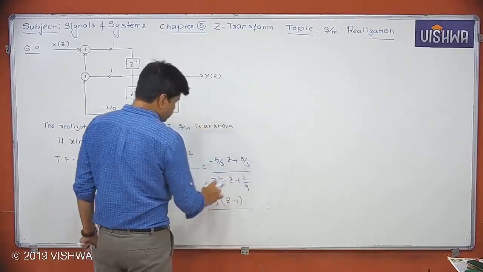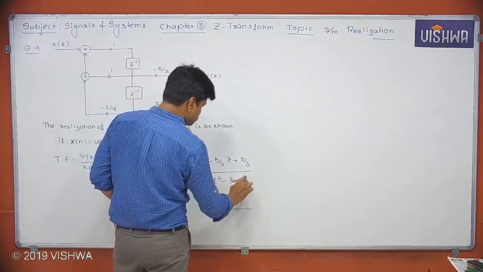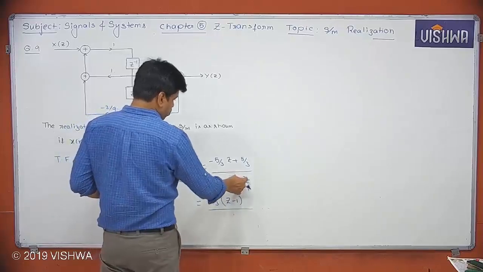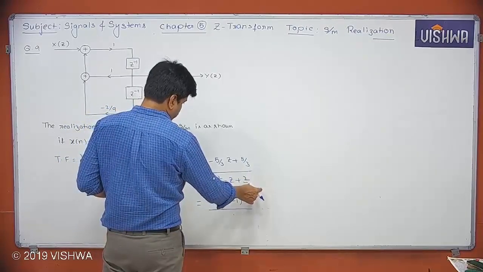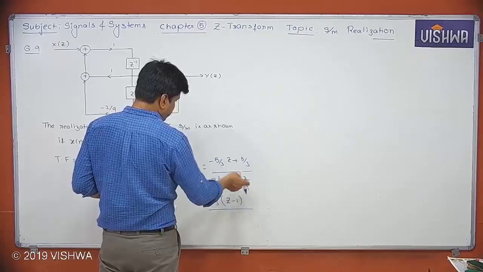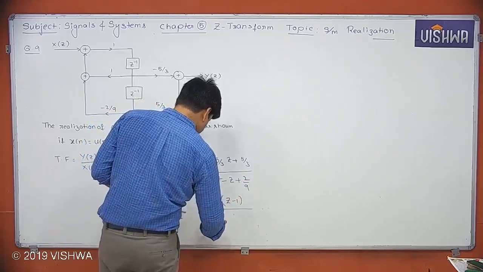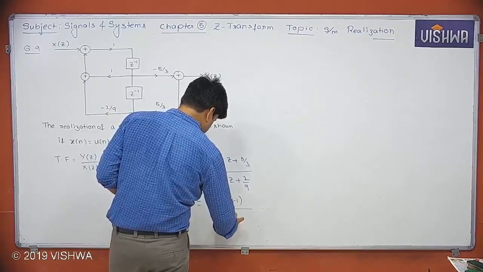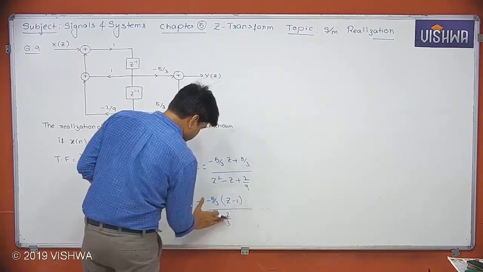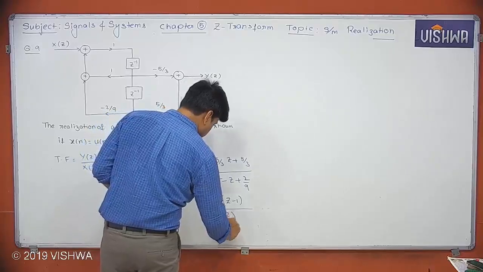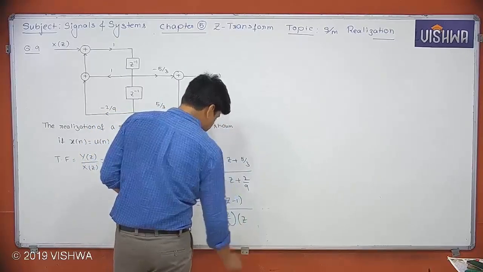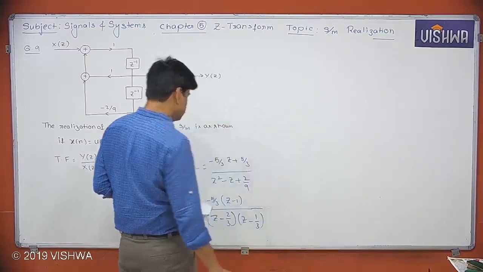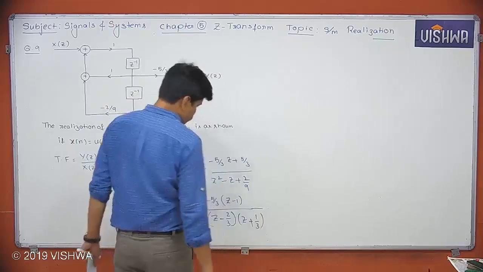Now what are the factors for the denominator? This is nothing but 2 by 3 and 1 by 3. So it is z minus 2 by 3 and z minus 1 by 3.